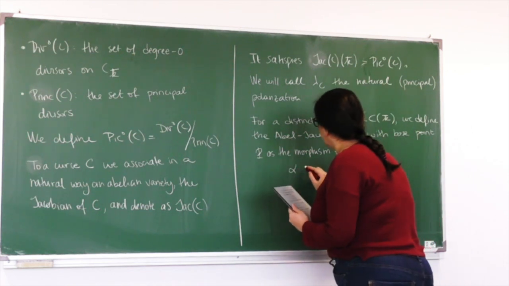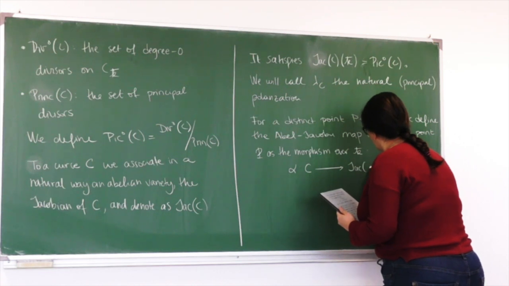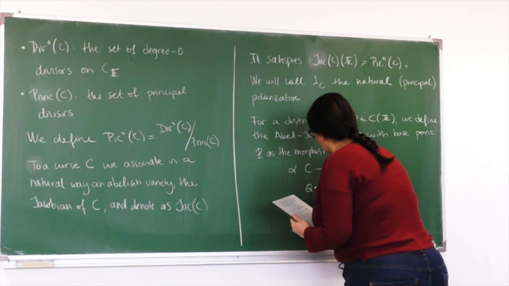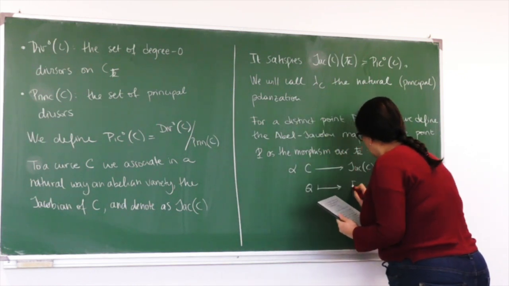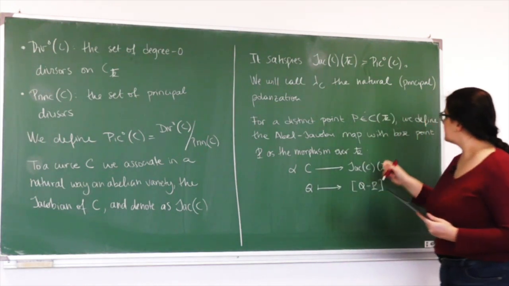We call it alpha, and it goes from the curve to the Jacobian over the algebraic closure, and it takes a point Q and maps it to the divisor Q minus P, where again P is this distinguished point that we are choosing.